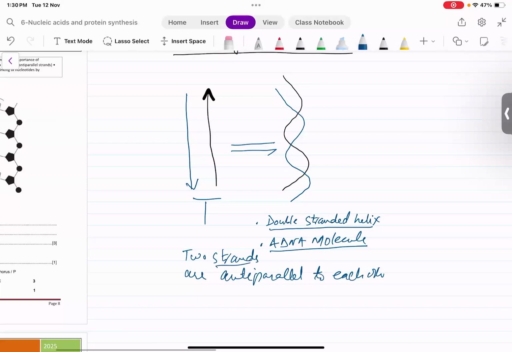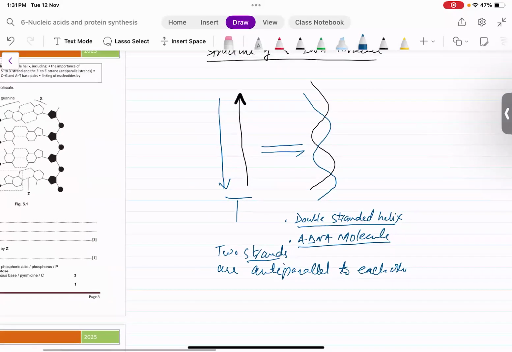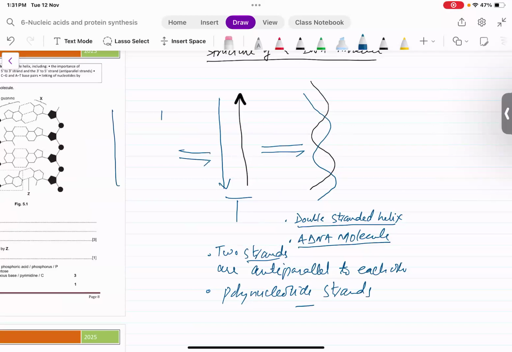And these strands are made up of nucleotides, so these are also known as polynucleotide strands. If we look, these strands are held together by hydrogen bonding between them.